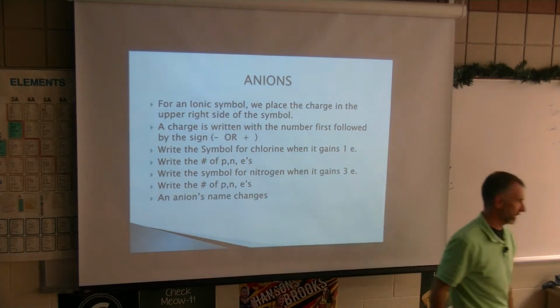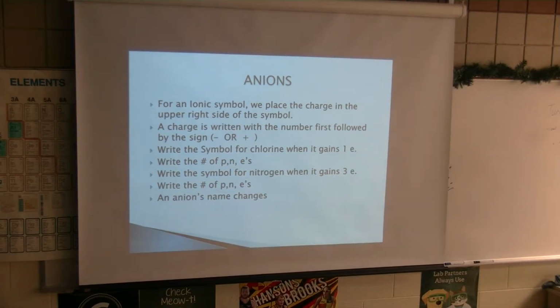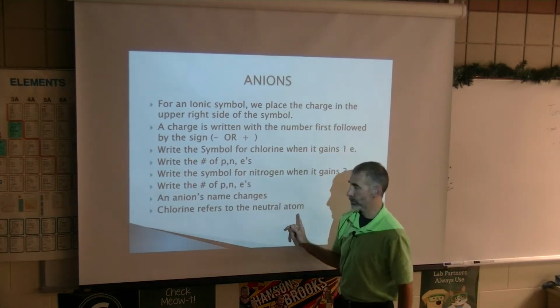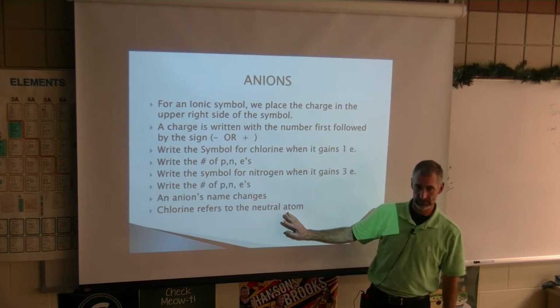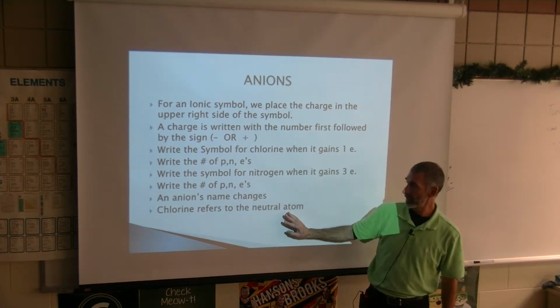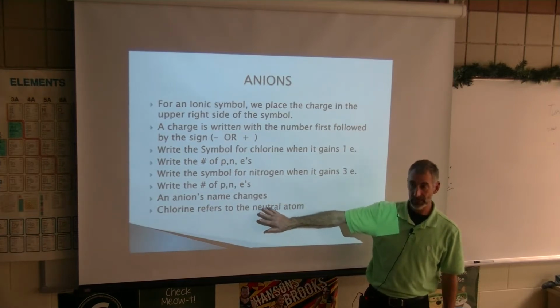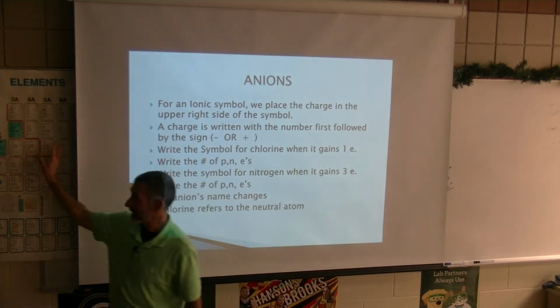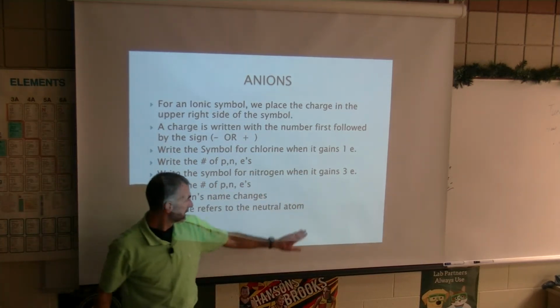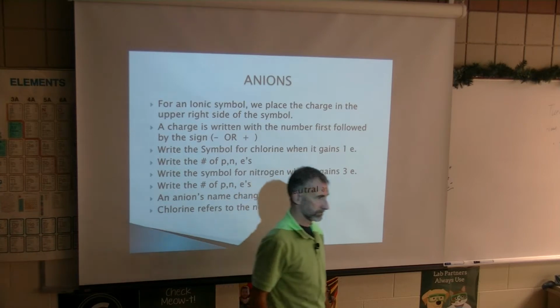For example, when you see the word chlorine, because you're memorizing that for our quizzes, chlorine refers to the neutral atom. We have the same number of protons as electrons. So the name on the periodic table tells me we have a neutral atom.